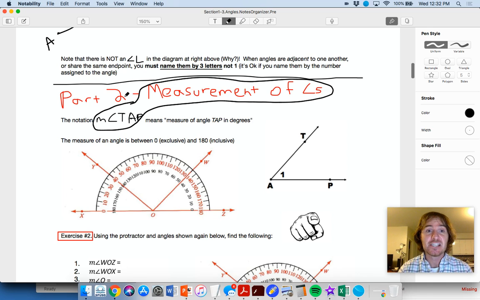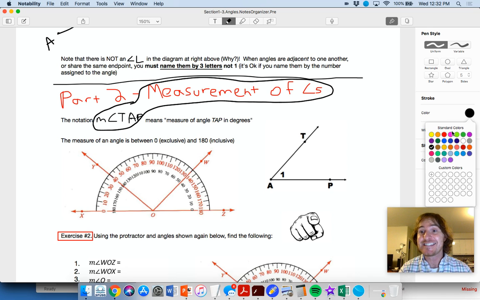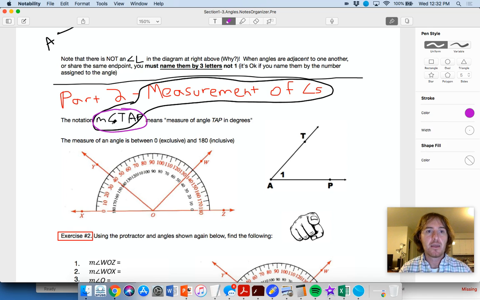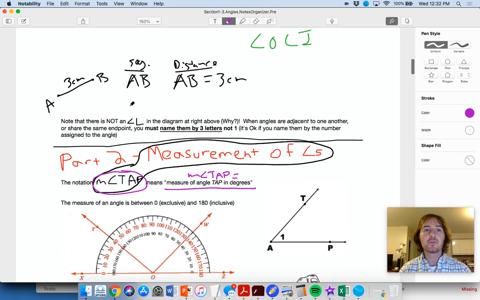The big thing is you have to use this notation. The notation m angle TAP means the measure of angle TAP in degrees. This is similar to how you never say AB equal to 3 centimeters. That's false.